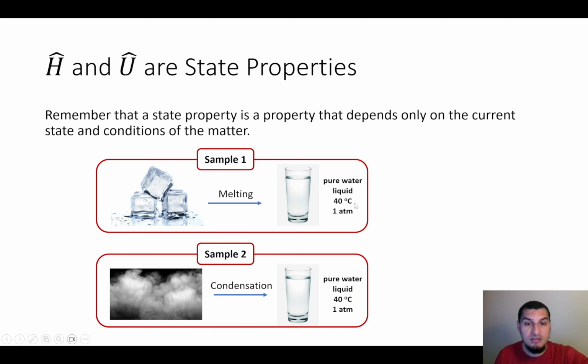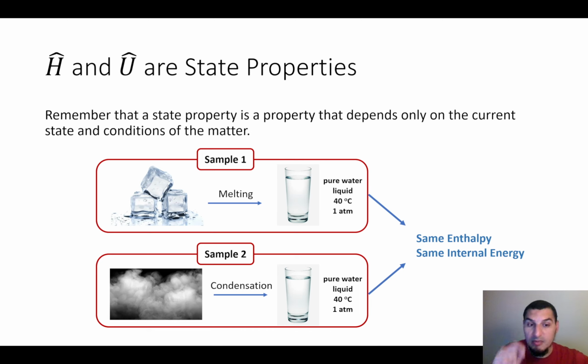They are liquid at the same temperature, they are at the same pressure, they are pure water, so they are almost the same, but they came from two different conditions. And we said that the enthalpy of the two samples is going to be the same. They have the same enthalpy and the same internal energy. We don't care about the history of this material, we just care about its current conditions. And this is what we mean by state properties.